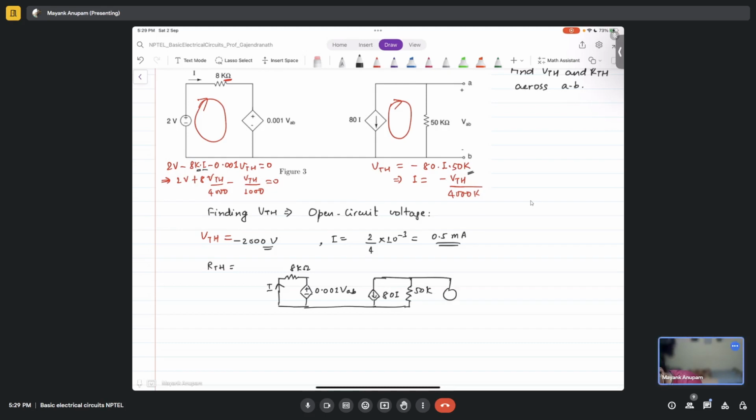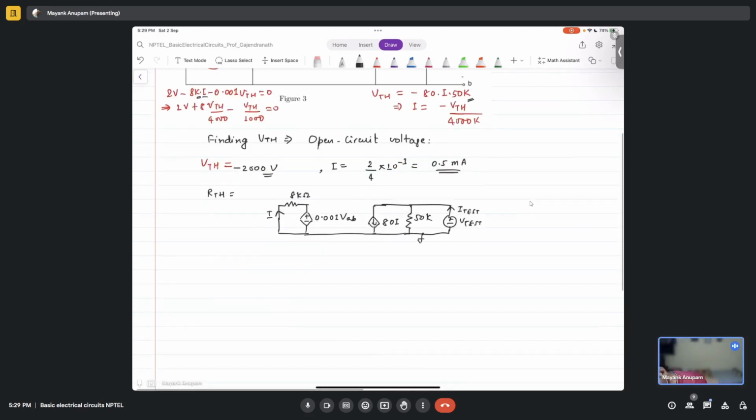So you have to use a test voltage, right? So this is V test, this is I test. Tell me what will be the condition here?